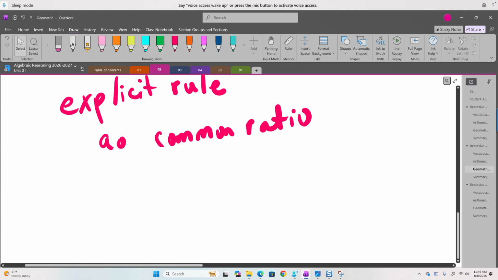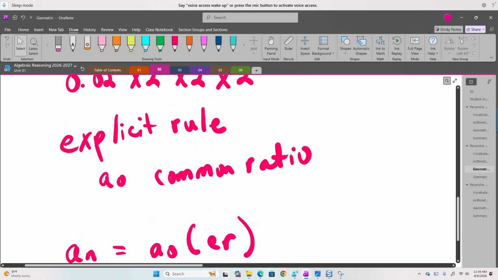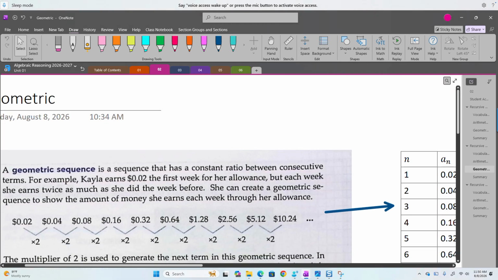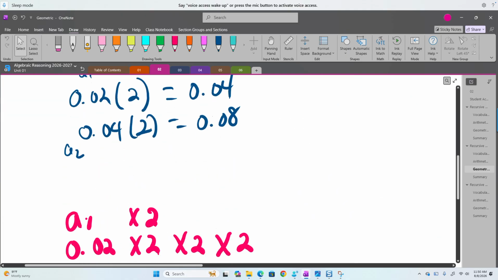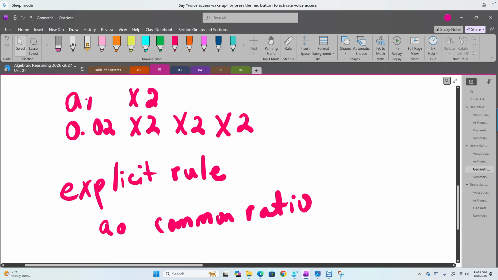So our a sub n is going to be equal to a sub 0 times our common ratio, CR, in parentheses, and when you have repeated multiplication, the exponent is going to be our n.